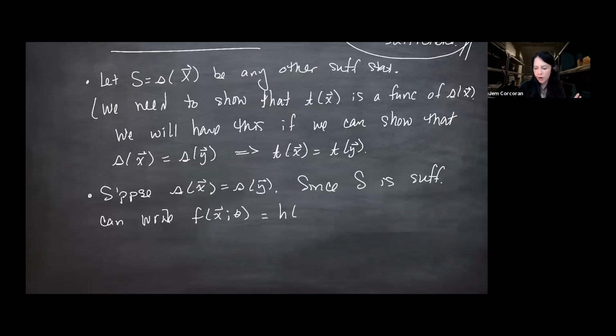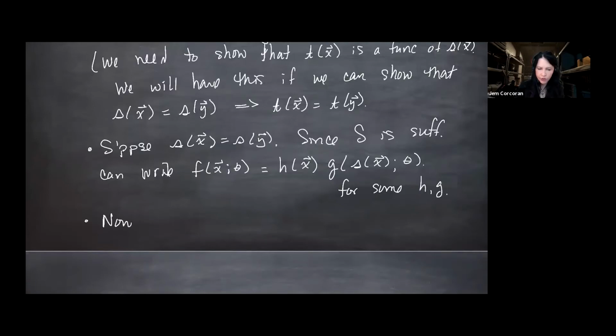So this is a separate part of the proof, and I am reusing letters. So this does not mean the h of x from before, times some g of s of x and theta, for some h and g.